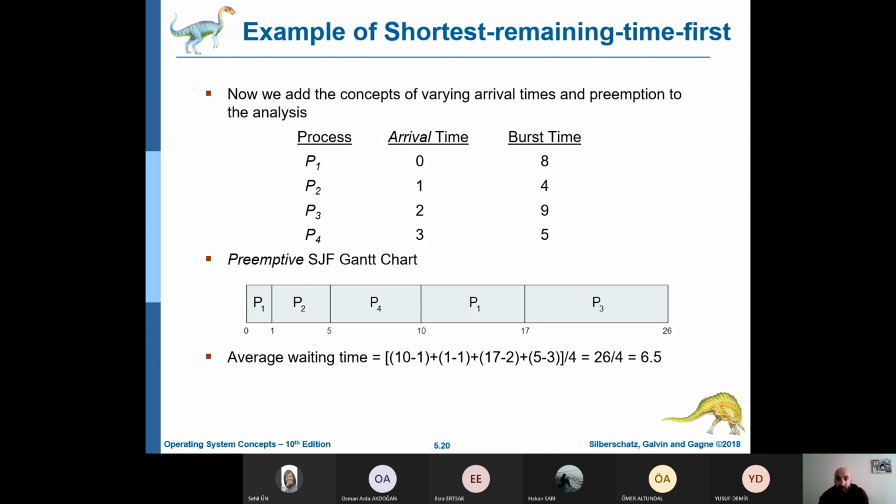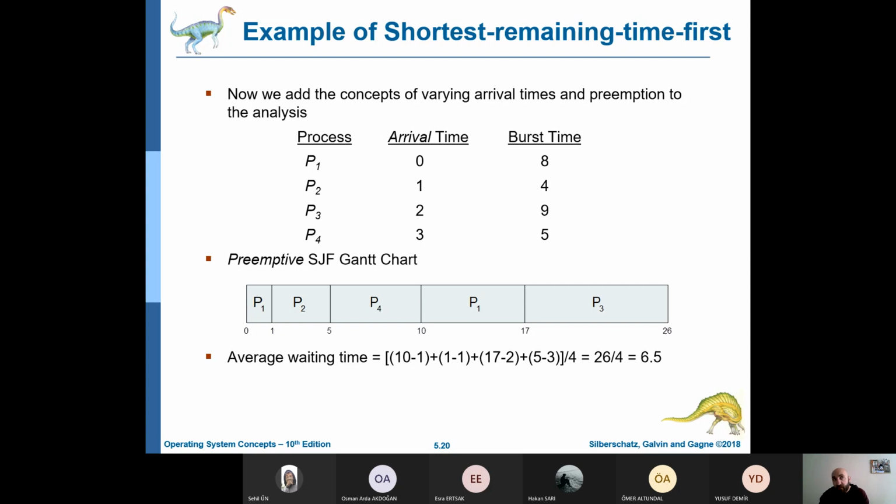The next CPU burst of the newly arrived process may be shorter than what is left of the currently executing process. A preemptive shortest job first algorithm will preempt the currently executing process, whereas a non-preemptive shortest job first algorithm will allow the currently running process to finish its CPU burst.